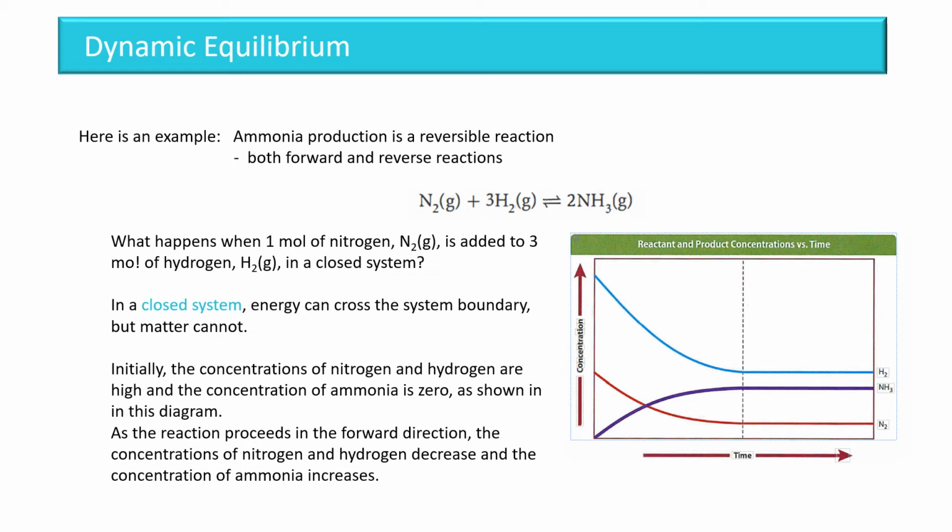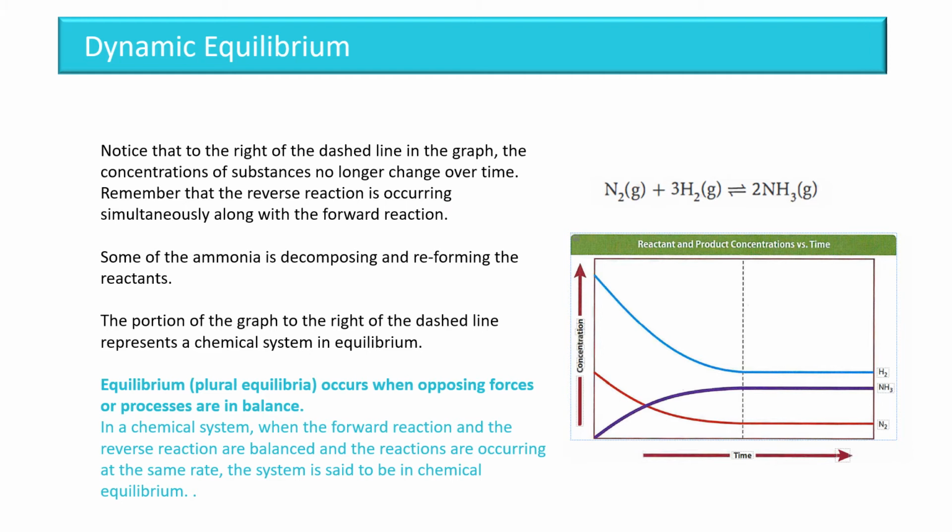As the reaction proceeds in a forward direction, the concentrations of nitrogen and hydrogen decrease, and the concentration of ammonia increases. Notice that to the right of the dashed line in the graph, the concentrations of substances no longer change over time.